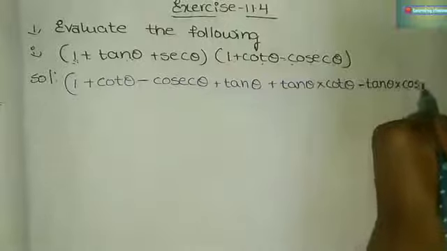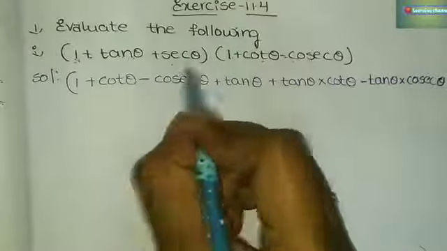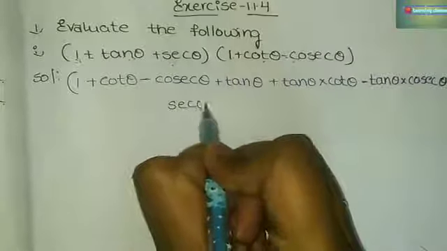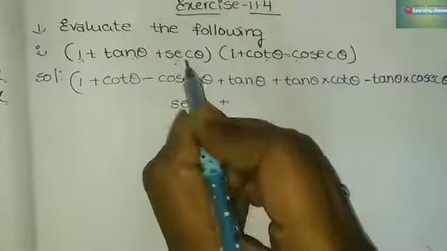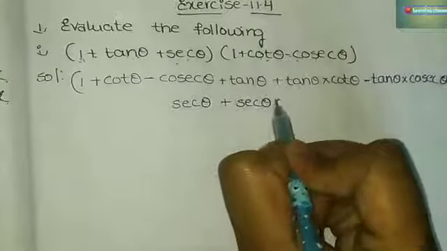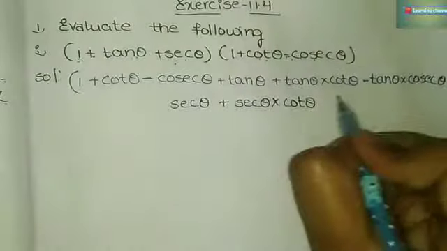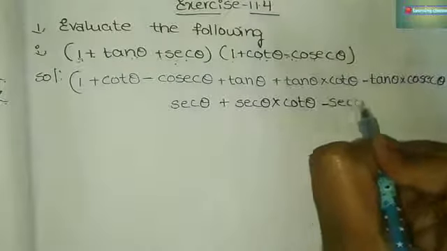Third one, secant theta into 1, plus secant theta into cot theta, and plus into minus gives minus secant theta into cosecant theta.